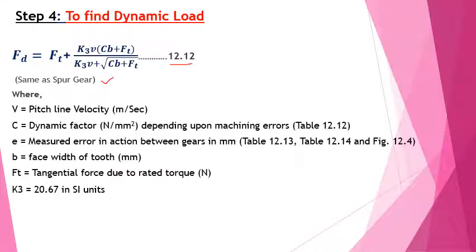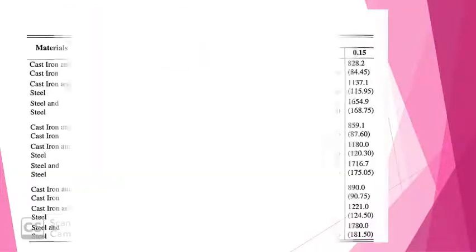Next step is to find the dynamic load. The equation is the same as we have used in the case of the spur gear, where the different parameters we have seen are the velocity, the dynamic factor C, the error small e, and the constant K3. These are all the same.